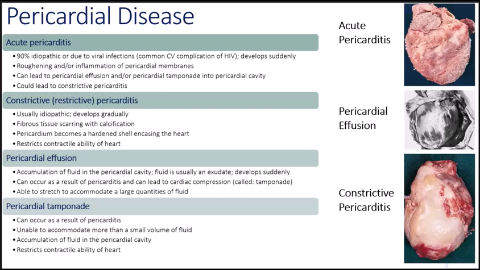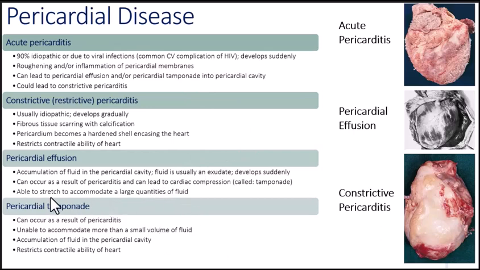There are different types of components that can be within exudate, as I already mentioned. But for example, there could be cells and proteins and other materials. And in a lot of cases, it's a pus-like material. Pericardial effusion does develop suddenly, so this comes on very quick. And we know it can result from somebody having pericarditis. We talked in particular about acute pericarditis leading to pericardial effusion.